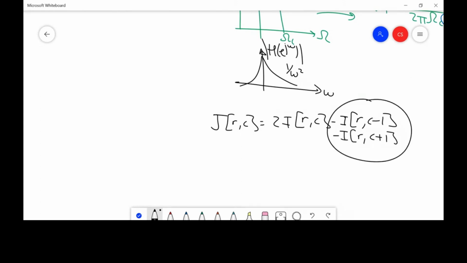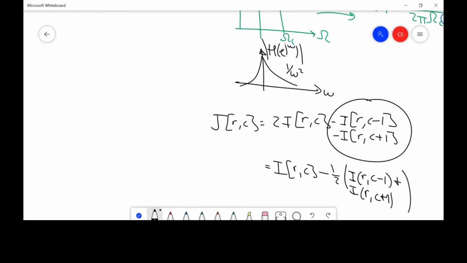But I would have exactly the same image if I do it this way: I(r,c) minus one half of I(r,c minus 1) plus I(r,c plus 1).